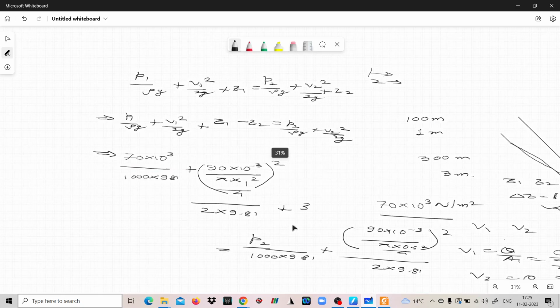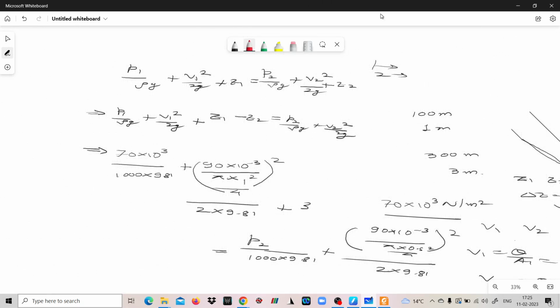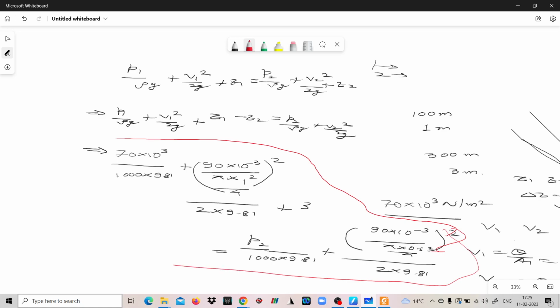So now you see, in this entire equation the only unknown is P2. You do the calculations and obtain the value of P2 in Newton per meter square or Pascal. That is what you need to calculate.